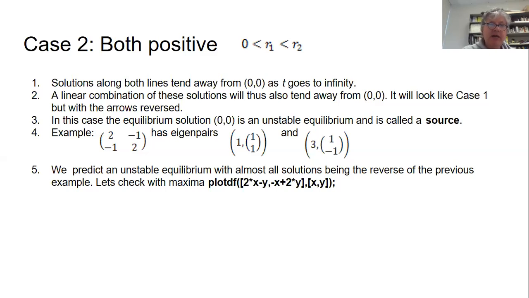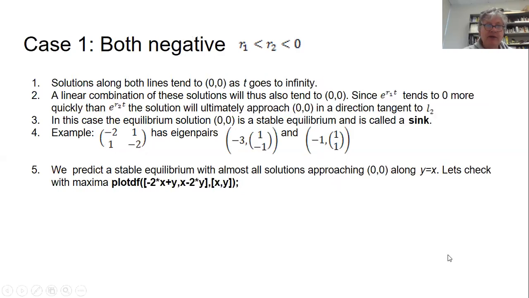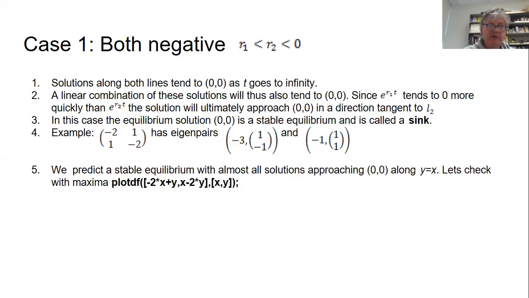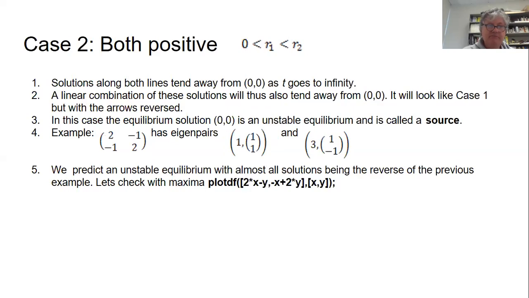So now we have a look at this matrix and compare it to the previous matrix. You just see that I've multiplied everything by -1.